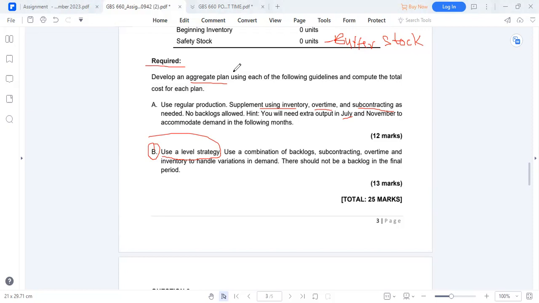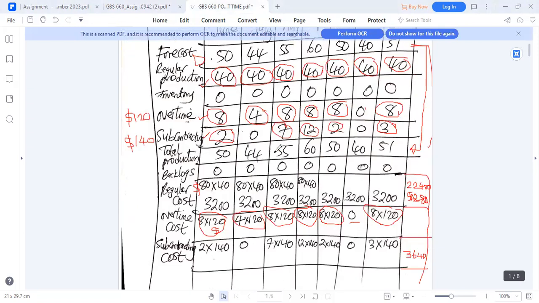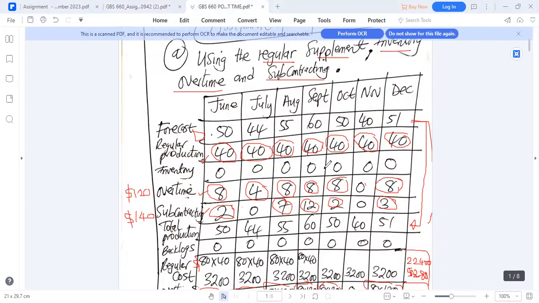So if we go back to July and November, we may need an extra what? Output. Okay, so extra output simply means the output is a production.